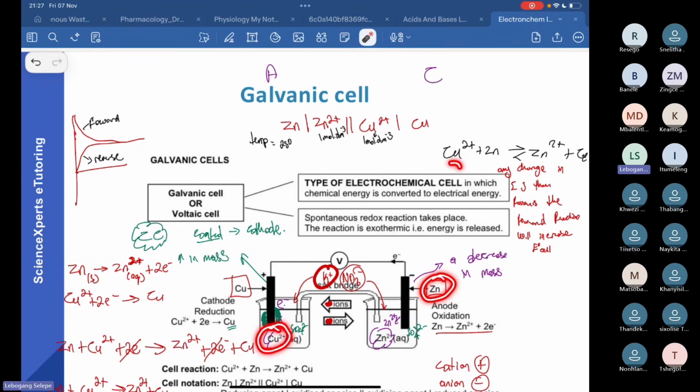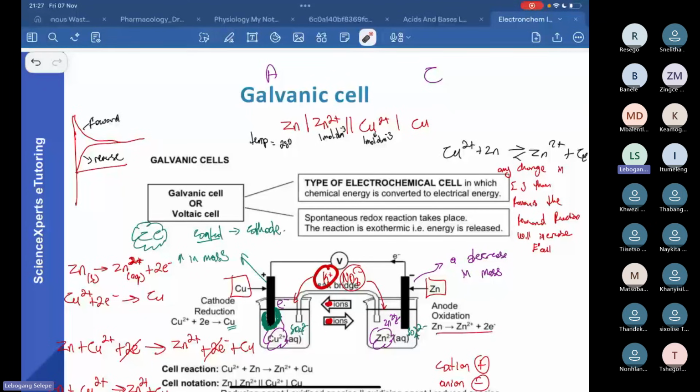So as you can see, our reactants are Zn and Cu2+. These are our reactants. So this is the forward reaction. But in the forward reaction, the electrons flow like that, right? So if I favor the forward reaction, I'm gonna increase the value here. But if I favor the reverse reaction, which is this direction, I'm gonna decrease this value here.